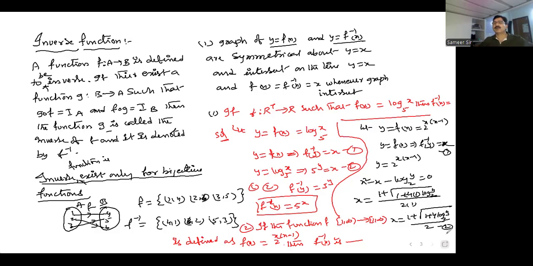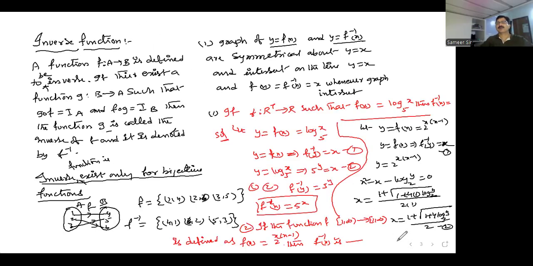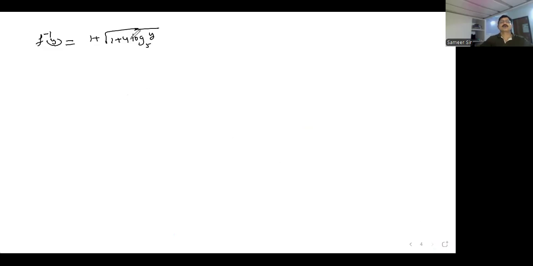Right. So here from 1 and 2, what we can write now? f inverse y is equal to 1 plus under root of 1 plus 4 log y base 2, divided by 2 is there.